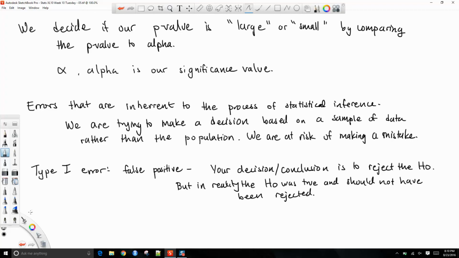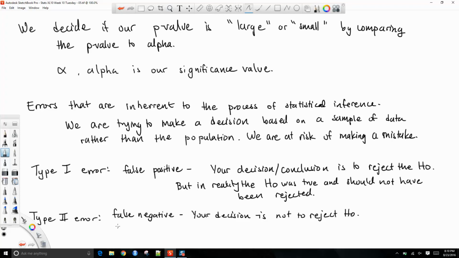What would the other kind of error be? The type 2 error is the false negative. In this case, your decision or conclusion is not to reject the null. You conclude, do not reject the null hypothesis.